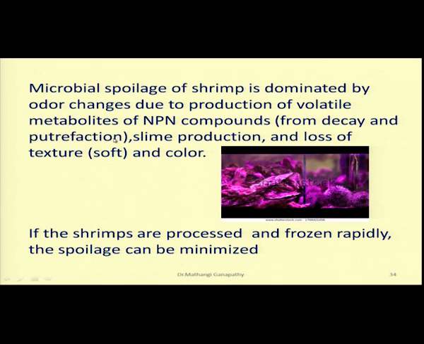The second aspect is slime production and the loss of texture and color. The texture is lost, the structure of the flesh changes, the color changes, and you have slime on the surface along with an accompanying off odor. All these indicate that the harvested shrimp has been damaged and has microbial growth.